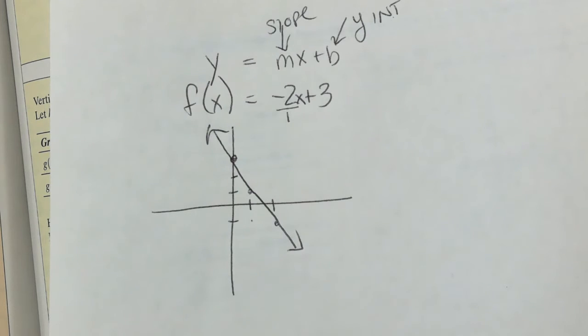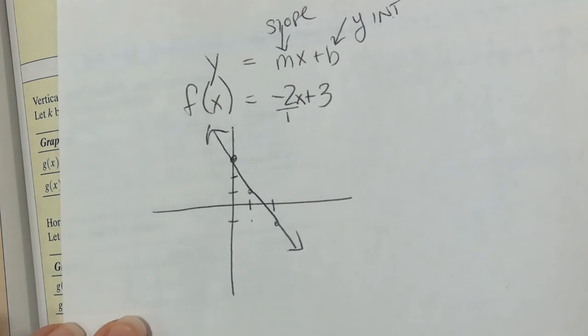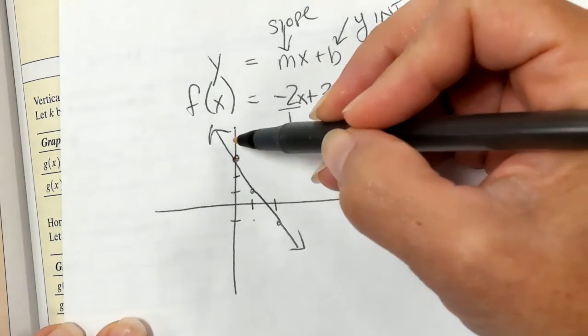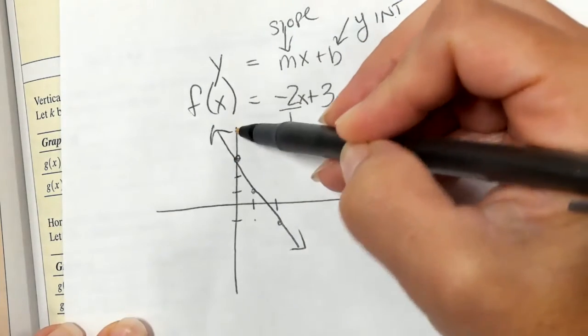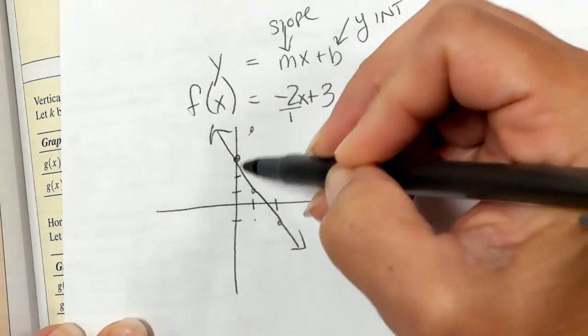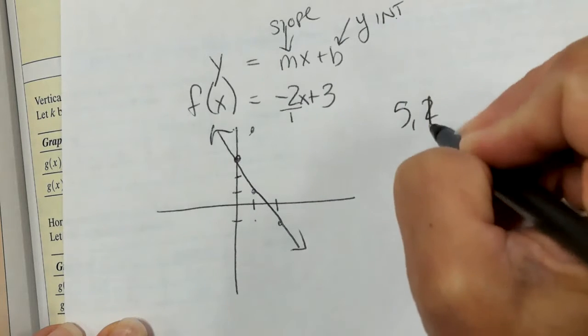So now let's say we need an equation of a line that is going to pass through the point 5, 1.